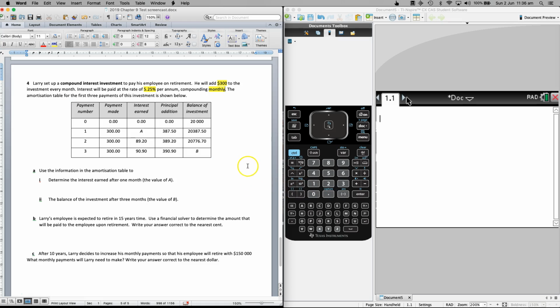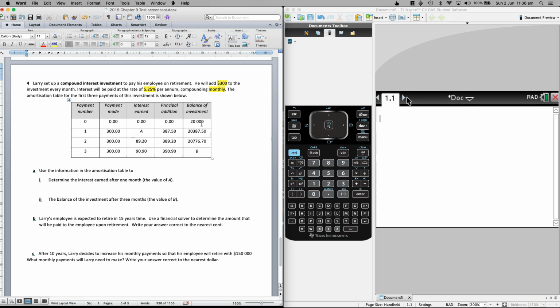So the first part of question A is determine the interest earned after 1 month. That is the value of A. So if we know the interest rate per annum, we can work out the interest rate per month, and we can multiply the balance by that amount.